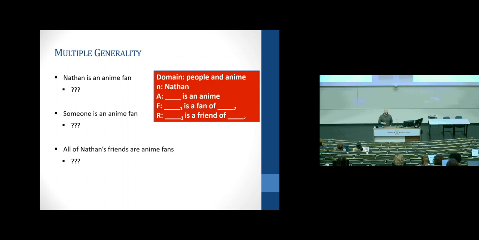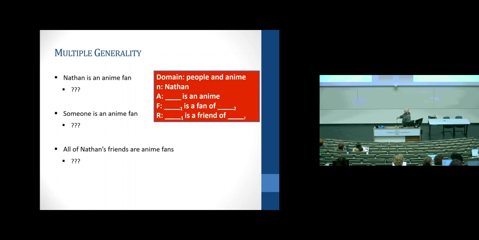Yes, we can. So let's think, what's in our domain? Our domain is people in anime. And if I say Nathan is an anime fan, what does there have to be? There has to be something in the domain that Nathan is a fan of and is an anime.